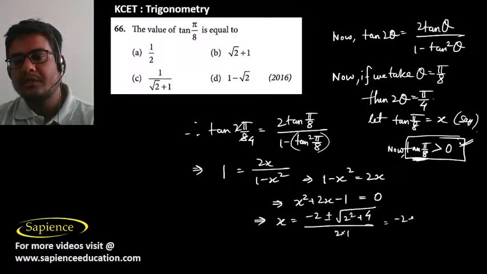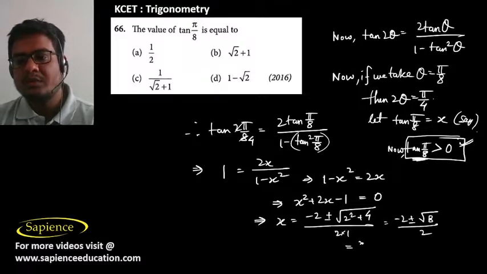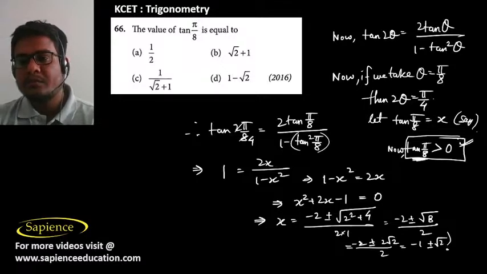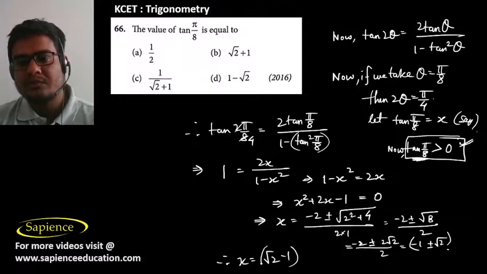That will be minus 2 plus or minus root of 4 plus 4, that is 8, by 2. So that will be minus 2 plus or minus root 8, which means 2 root 2, by 2. So that is minus 1 plus or minus root 2. But this negative root we should not include. So x should be equal to root 2 minus 1.